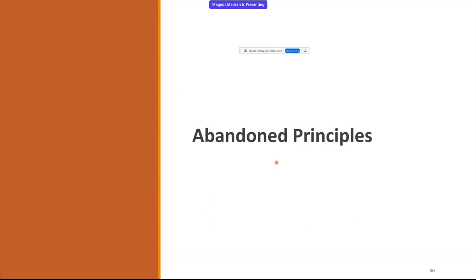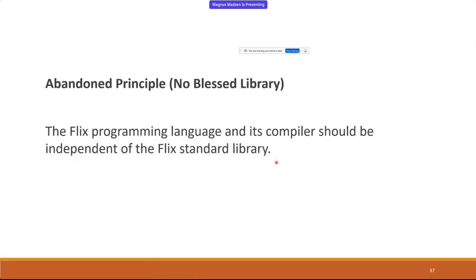And then lastly, I just wanted to talk about two principles that we had actually written down, but ultimately had to abandon. So one was we had a principle that there should be no blessed library. And the idea was the language should be completely separate from the standard library. In particular, this seemed like a good engineering choice, and it should allow someone to substitute their own standard library.